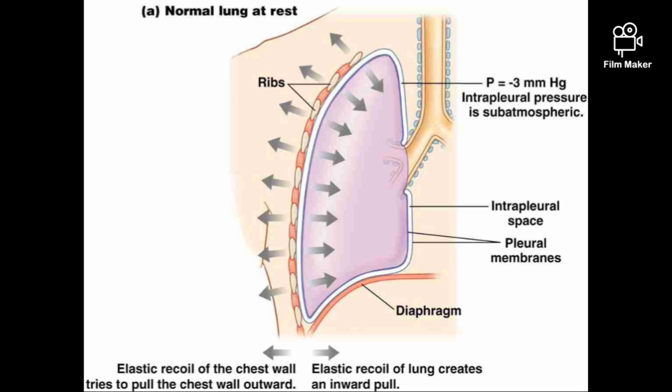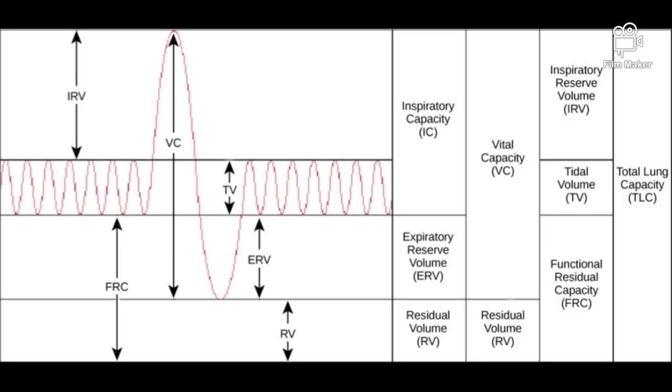The point to consider is how the lungs and chest walls are stretching and recoiling back. There is an interesting property of the muscles of the lungs which we have to keep in mind while understanding this concept.